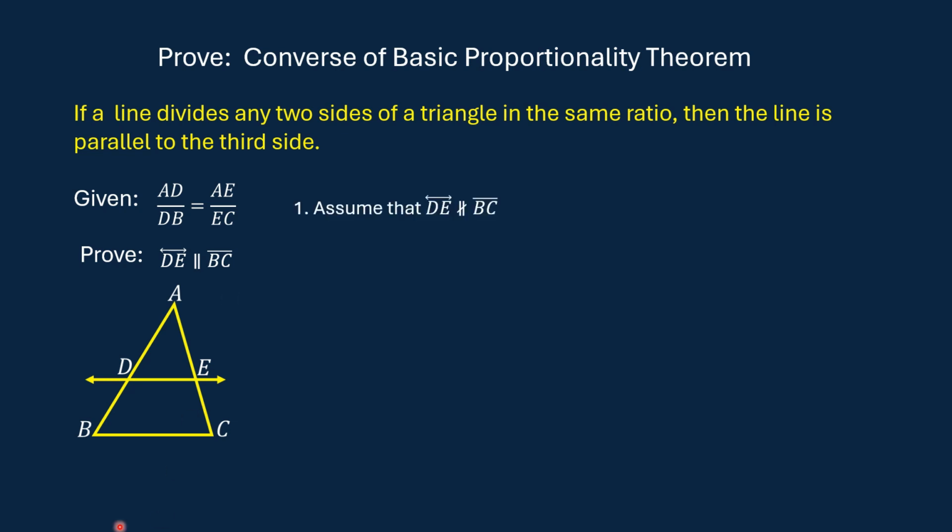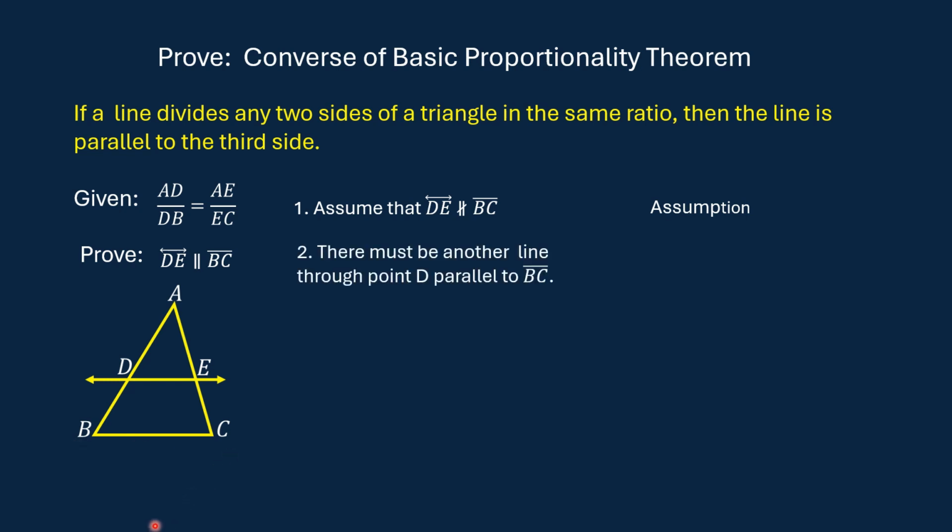Let us assume that line DE is not parallel to side BC. This is our assumption. If line DE is not parallel to side BC, then there must be another line through point D parallel to side BC.